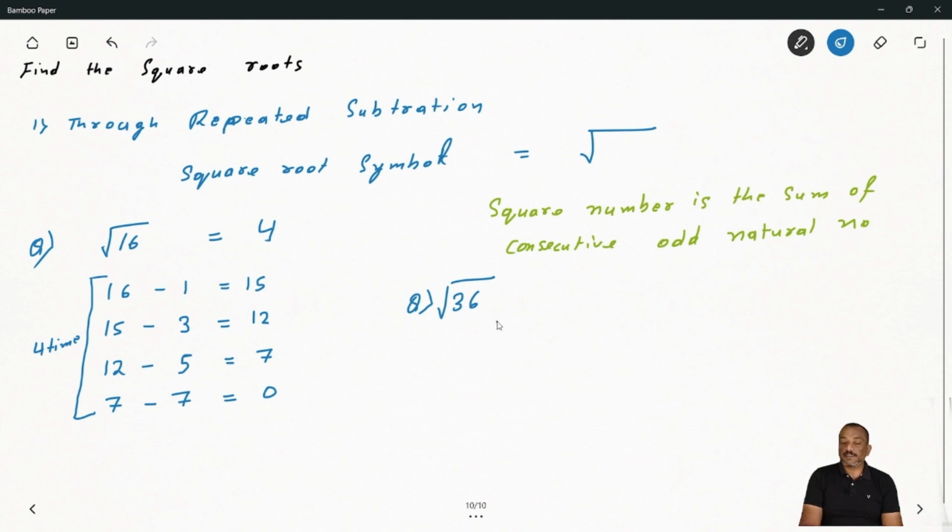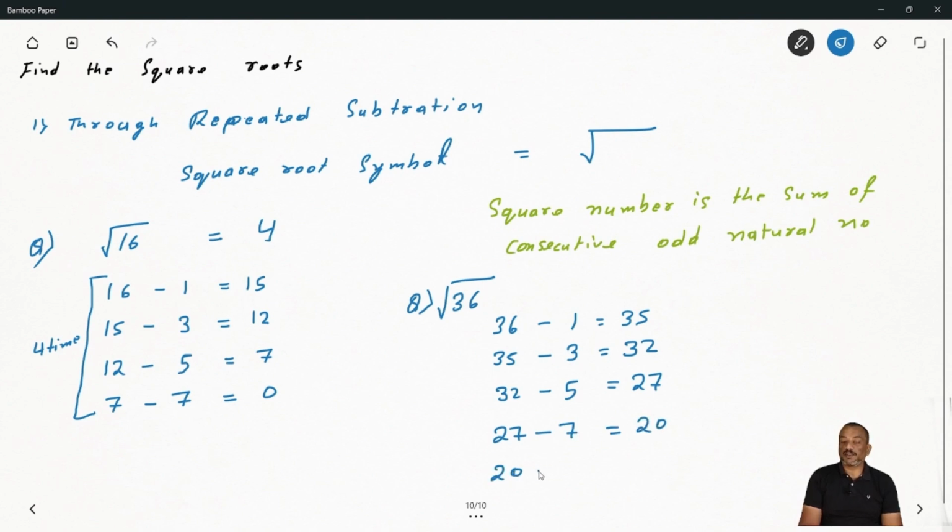So we start with the first odd number, 1. 36 minus 1 gives 35. Again 35 minus 3, the next odd number, gives 32. From 32 subtract the next odd number, 5, and you get 27. From 27 subtract 7 and you get 20. From 20 subtract 9 and you get 11. From 11 subtract the next consecutive odd number, 11, and you get 0.